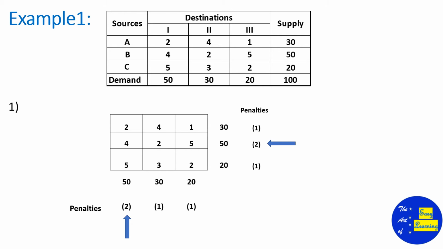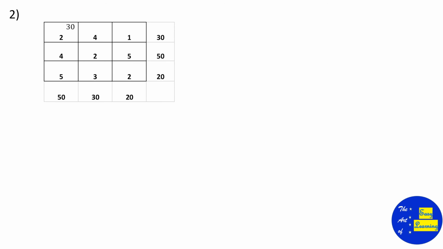Now observe the supply and demand values. For the first column, for cell 1, we can allocate 30. And in the second row, for cell 2, we can allocate the same 30.